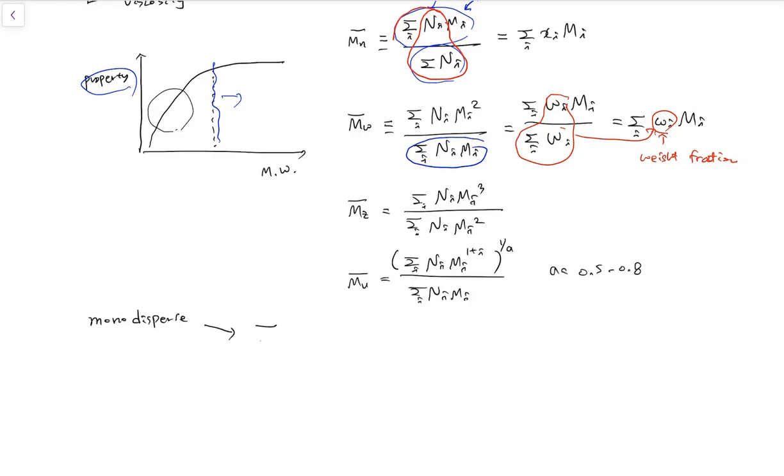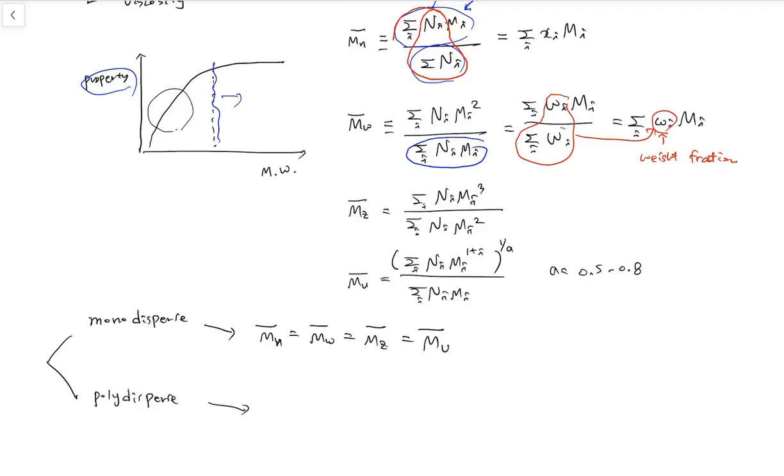In that case, all the molecular weights would have the same value, since there is only one specific length. But in general, it's not the case. If there is a molecular weight distribution, we call it polydisperse.